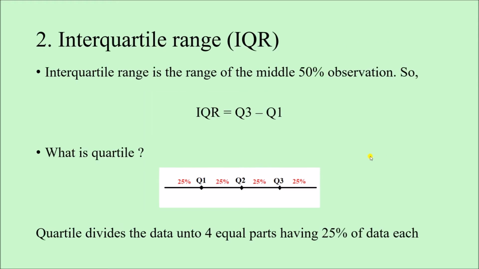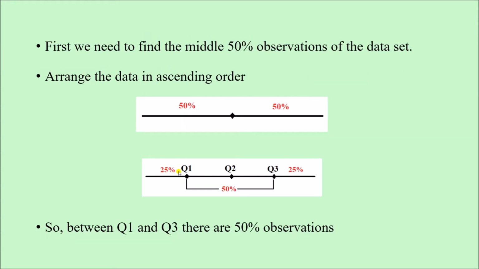For that, as I mentioned earlier in this diagram, we have to find the quartiles. We need 3 quartiles and we have 25% on the extreme left side, 25% on the extreme right side. In the middle we have 25% plus 25%, which is basically 50% if we add them together. So Q1 to Q3, all these values comprise 50% of the whole data set.